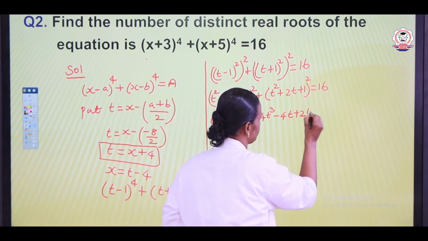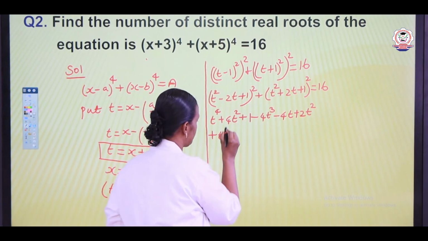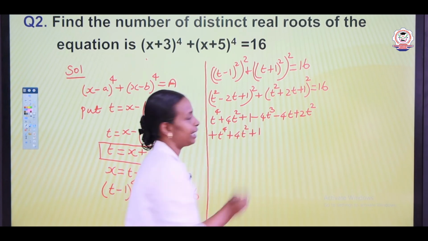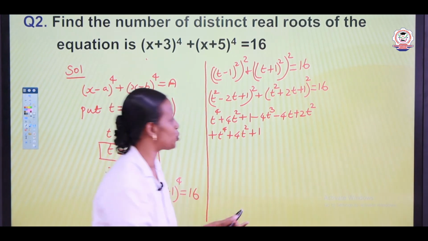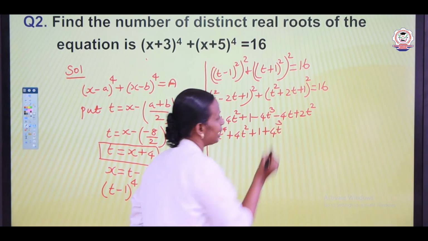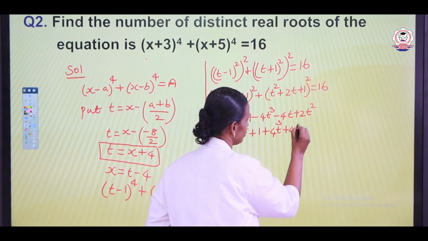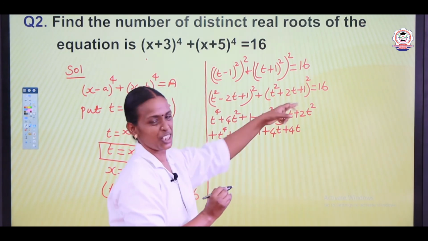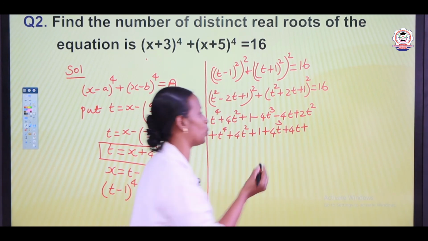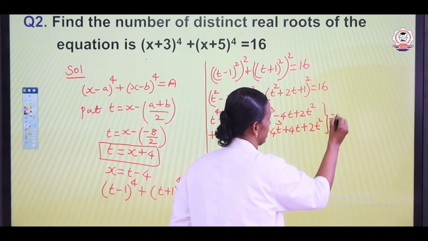In a similar manner, t power 4 plus 4t square plus 1, then same thing, 2ab, 2bc, 2ca, that is 4t cube, then multiplication of these two values plus 4t, then multiplication of these two values, 2t square. That is, 2ab means you have to multiply it by 2 also, which is equal to 16.